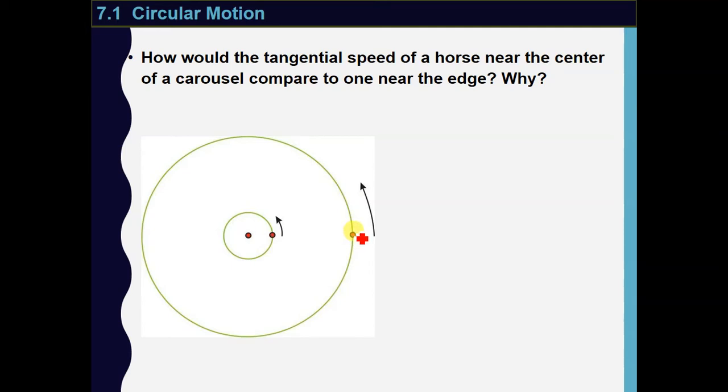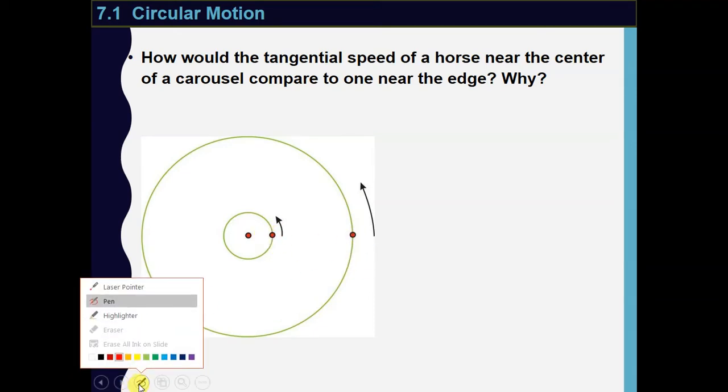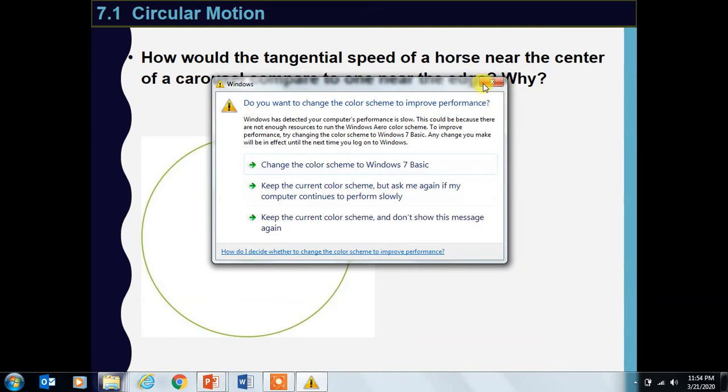Okay, so which one has more speed here, this horse or this horse? For sure, which one?